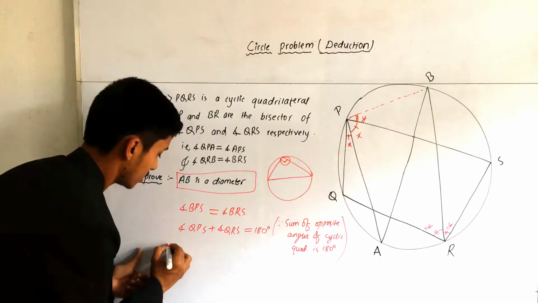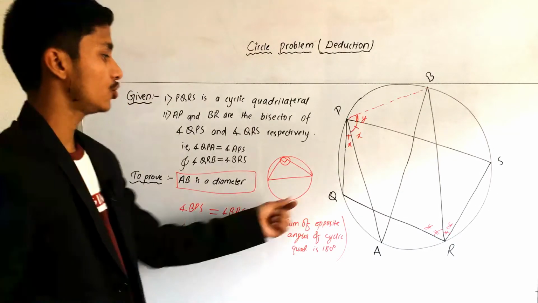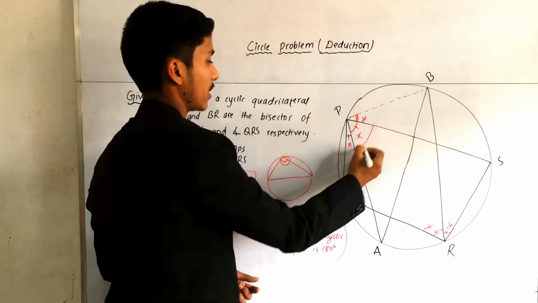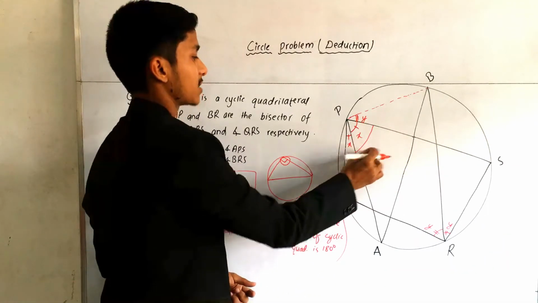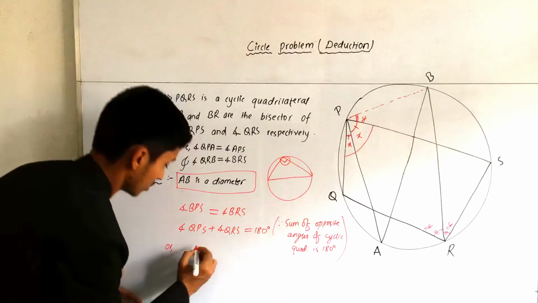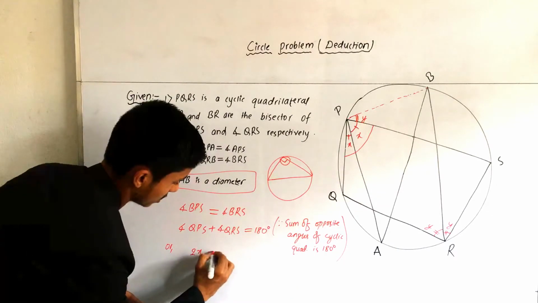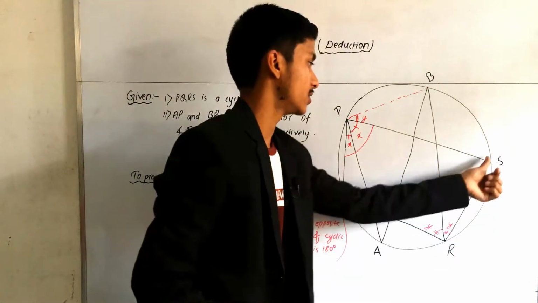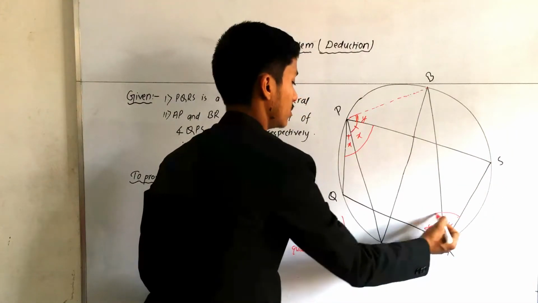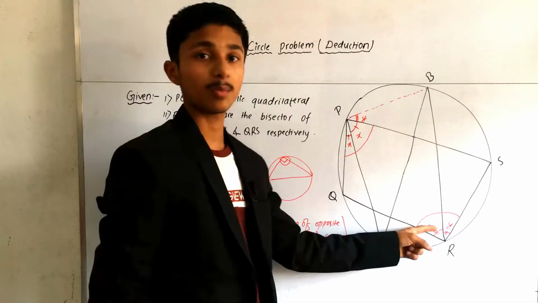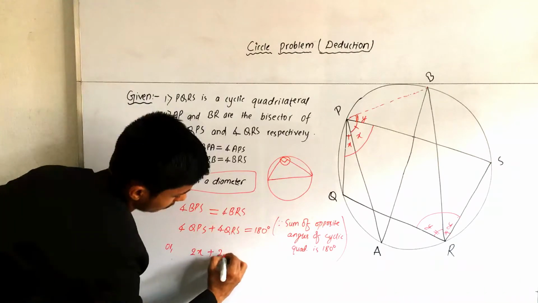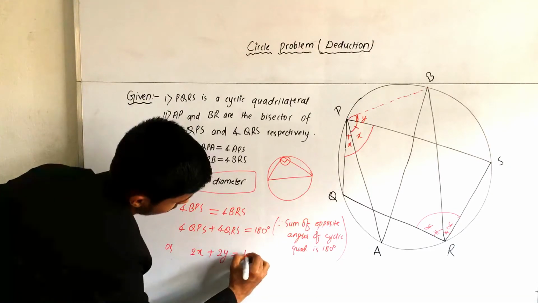From here, angle QPS is the whole angle, x plus x, that is 2x, and angle QRS is y plus y, that is 2y, and this side 180 degrees.